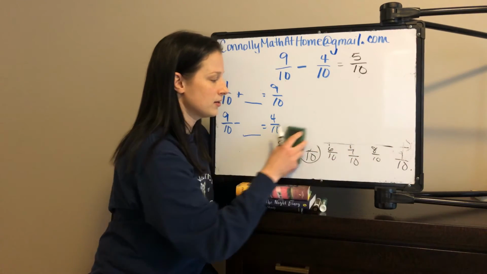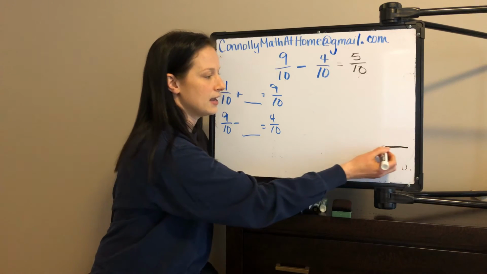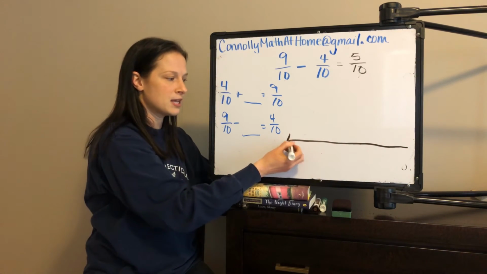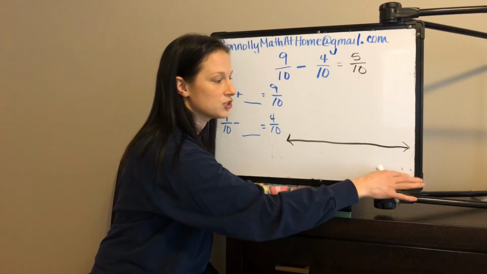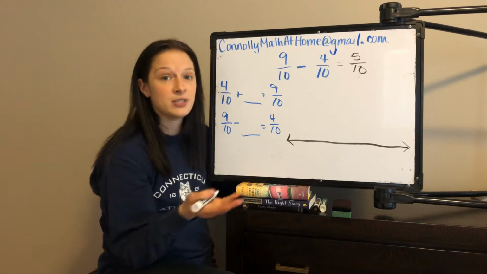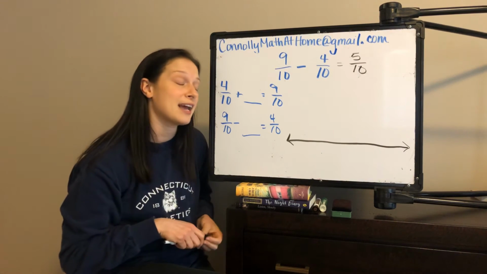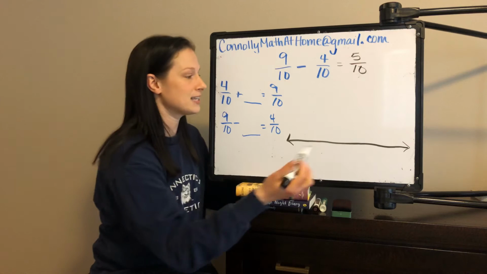The other way that we talked about already is, and you should be familiar with this from whole numbers, if you want to check out my subtraction strategies with whole numbers, that will help you understand how to use this number line with whole numbers, and of course it'll help you with fractions as always.